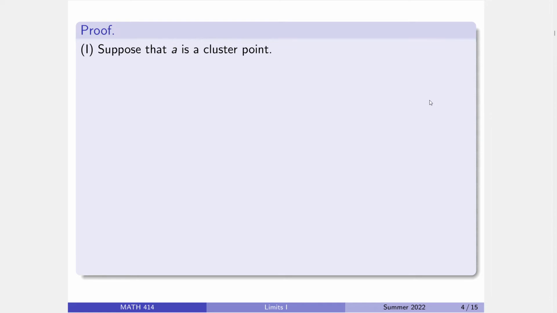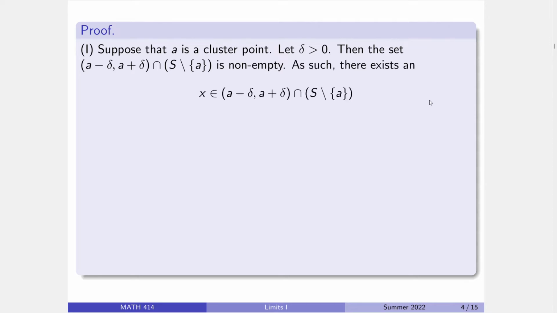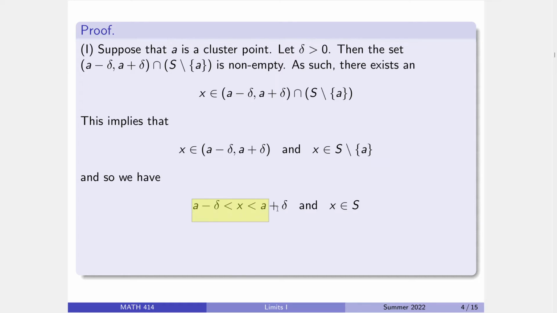Suppose that we're a cluster point. Let delta be positive. Then I know that this set is not empty, so I can find something that lives in there. It's in this interval, and it's in this set. If you're in the interval, that means this has to hold.